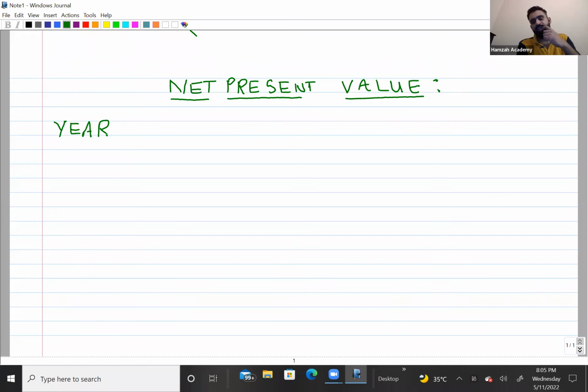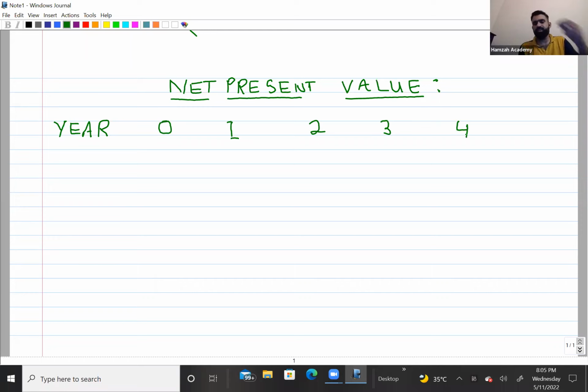Year means we are discussing basically the term, the length of the project. It will usually start from 0, year 1, year 2, year 3, and year 4.